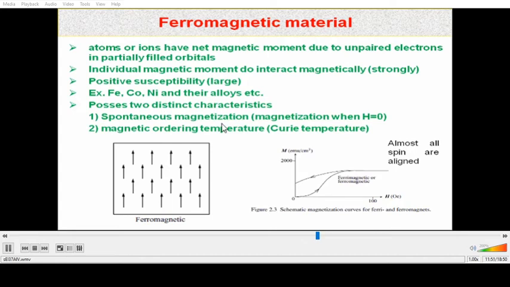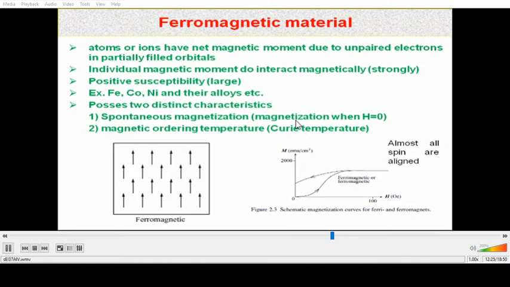magnetization. It means when applied magnetic field H is equal to 0, then also a ferromagnetic material shows a magnetization, and this is because of strong magnetic interaction between individual magnetic moments, so that it does not require an external field to orient the spins of individual electrons in one direction.